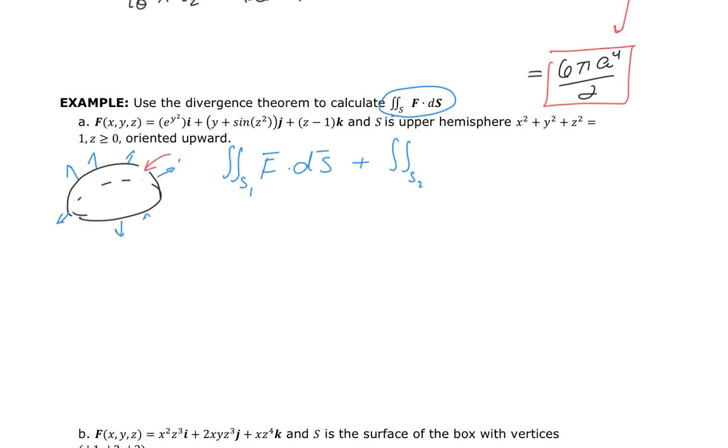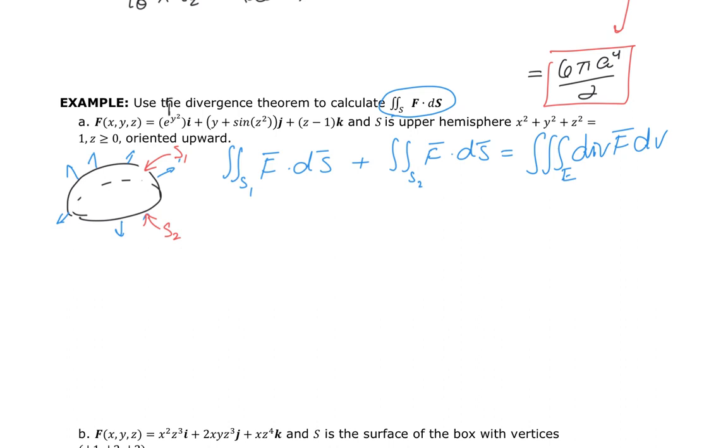The bottom disk here is S sub 2, and I'll need that. And F dotted with n dS is going to be equal to the triple integral over this solid region E of the divergence of F dV.